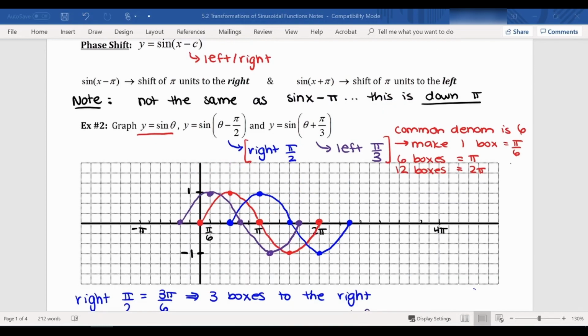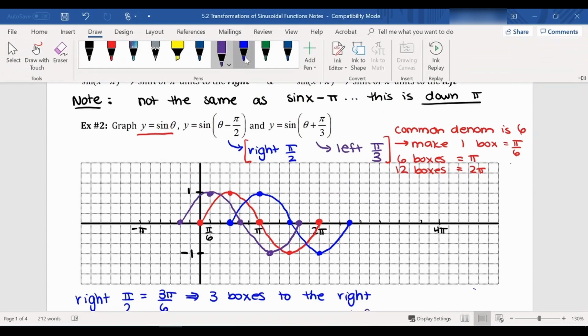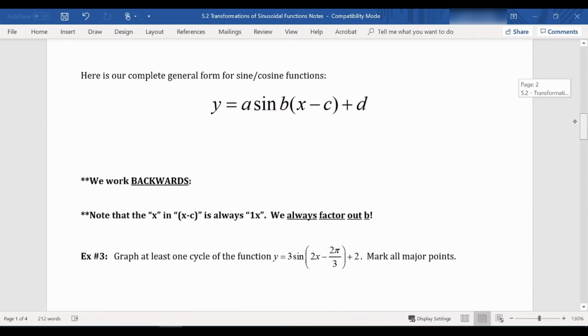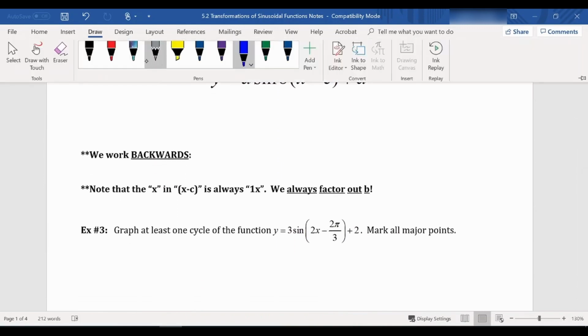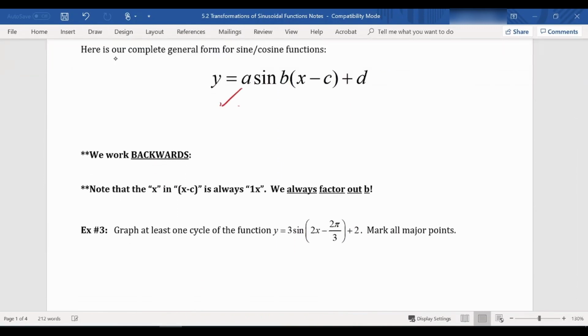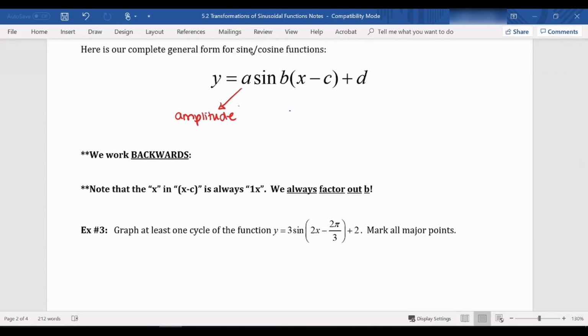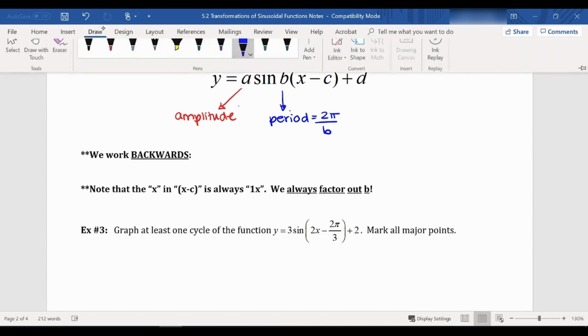So we can take all of these different transformations, phase shift, vertical displacement, as well as the ones from our last lesson, and combine them together. So just a reminder, a number in front of the function indicates our amplitude, so a vertical expansion or compression. A number inside the function in front of the x indicates a change in period, which essentially looks like a horizontal expansion or compression.